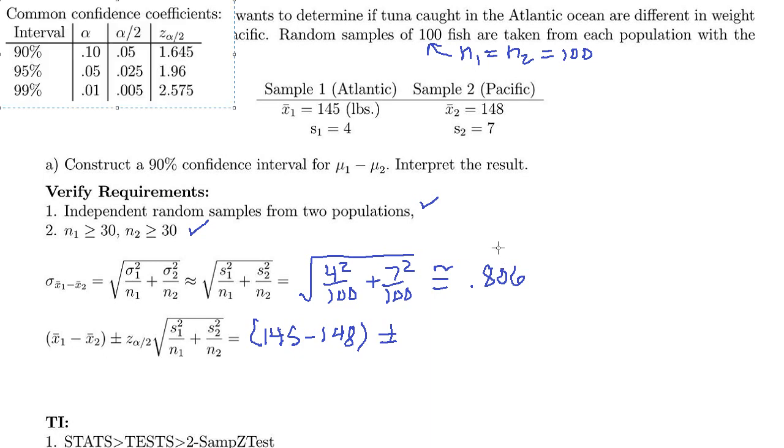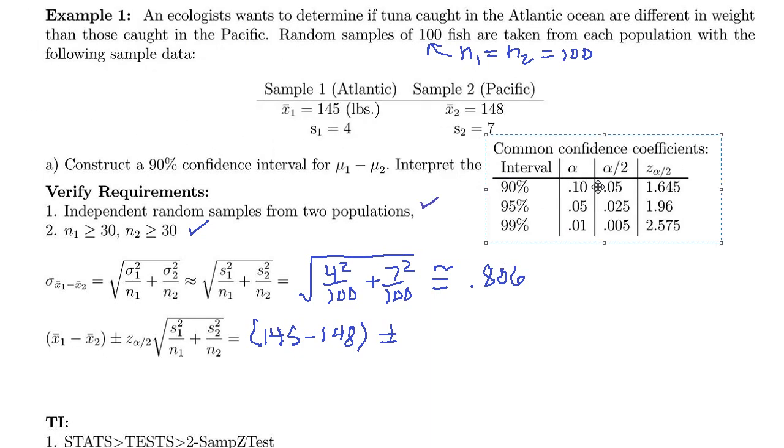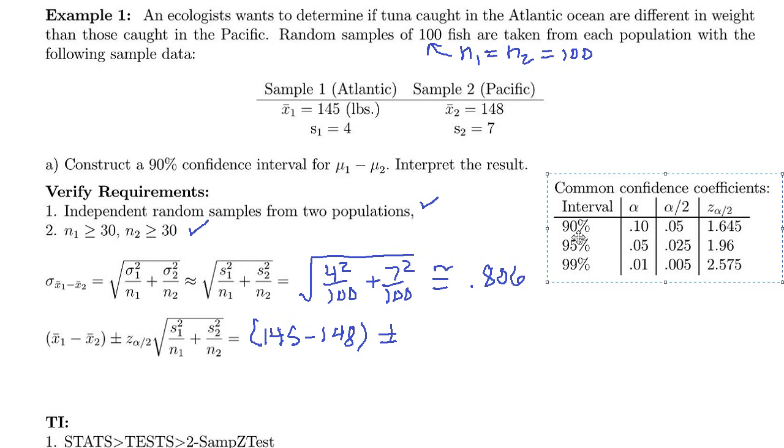So back in chapter 7, we had this table of common confidence coefficients. For 90%, the z alpha over 2 is 1.645. So this will be 1.645, and then times that approximation to the standard deviation, which was our 0.806.